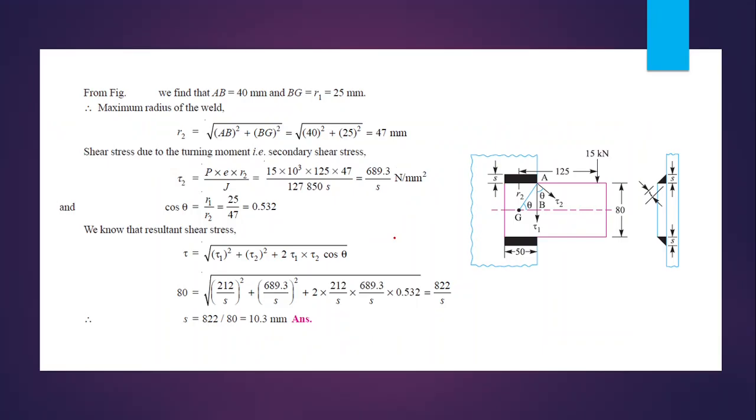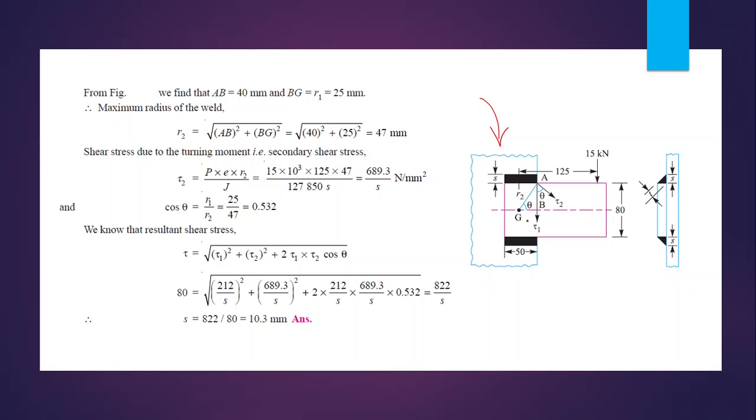Then from this figure we can find the coordinates of the center of gravity of the welding area. Here AB is equal to 40 mm.